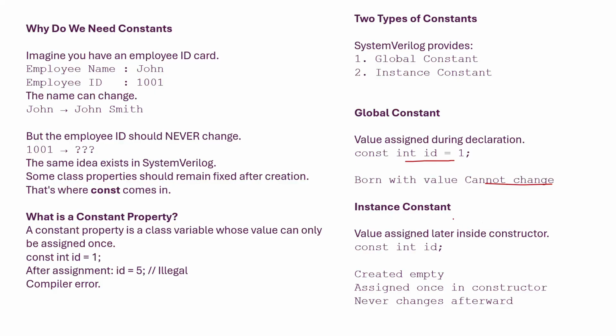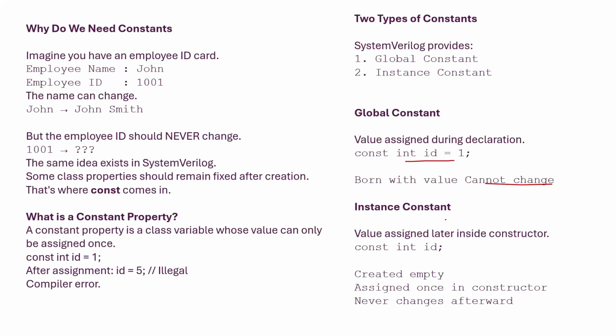And an instance constant means constant is there, but you can assign the value through a constructor or method. Previously we saw protected access, how we are giving the values to the protected access variables through methods only or through constructor only.